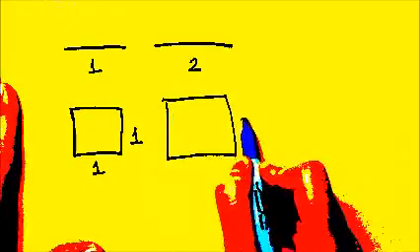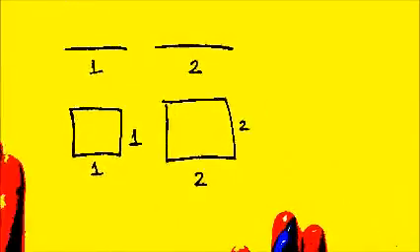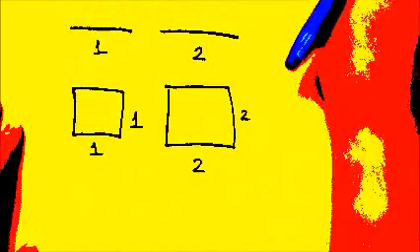Now, a two-dimensional figure, a square let's say, would have a side length of 1. When you scale it by 2, the side length becomes 2. Now, we move on to a three-dimensional figure.